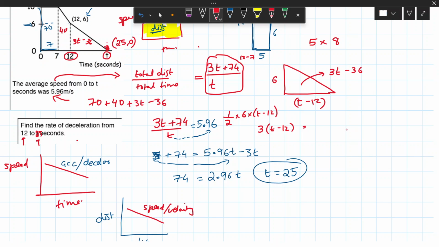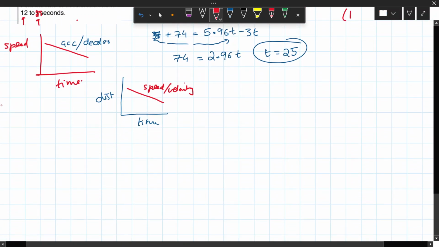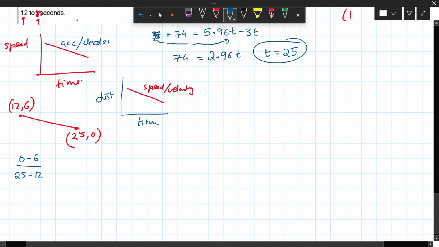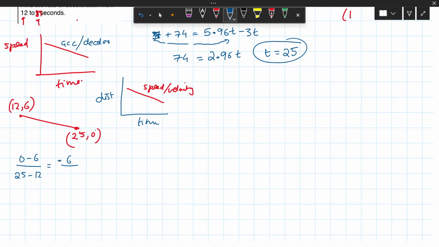So I need to find the gradient between the 2 points, 12, 6, which is at the top, and 25, 0. So if you want to find the gradient, that will be y2 minus y1 over x2 minus x1. So that's 0 take away 6 over 25 take away 12. So that would be negative 6 over 13.